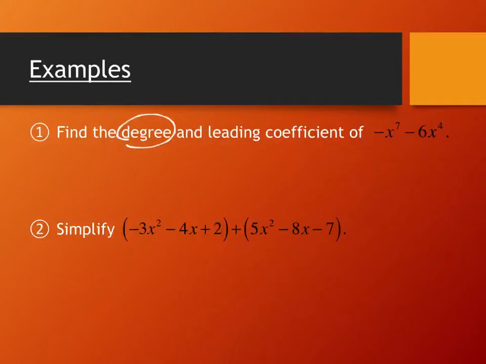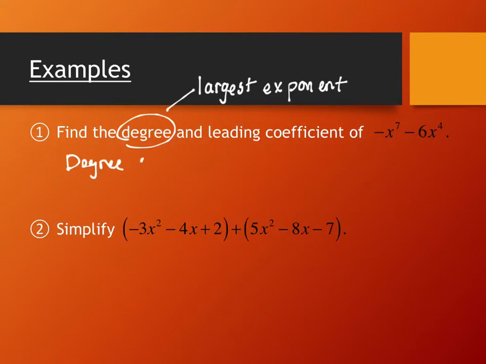So degree actually means the largest exponent. So by way of example, what is the degree for this polynomial? So exponents, we're looking at the exponents. It's a 7. So the largest exponent here is the 7. So my degree is 7.